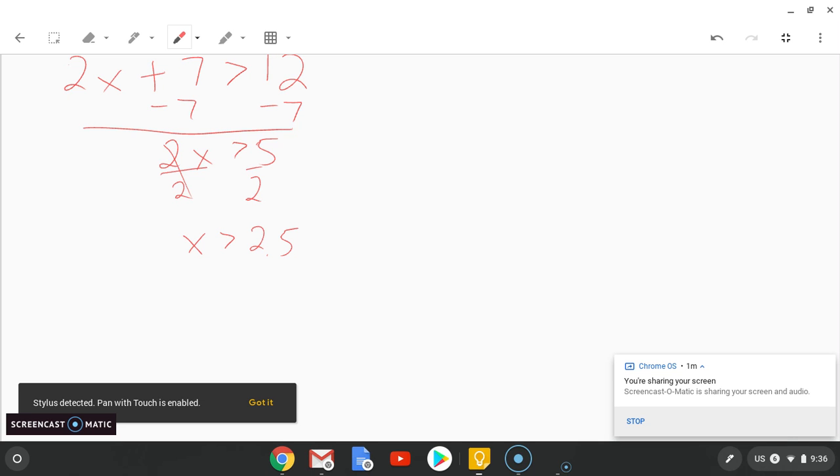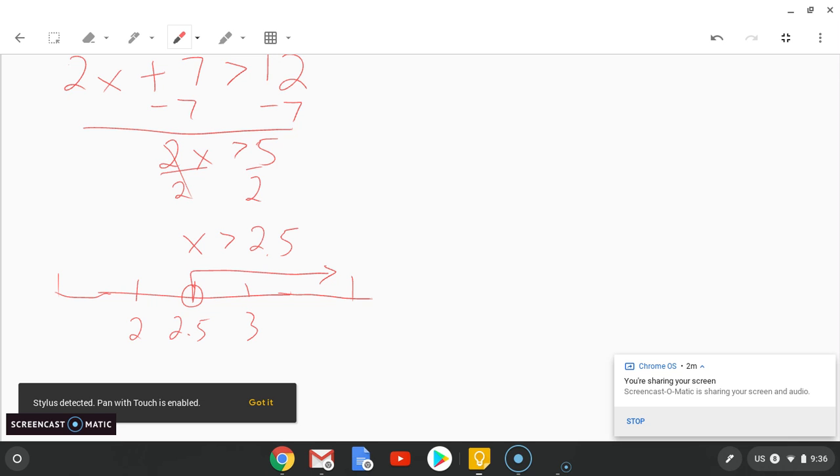Any of those would be okay. We didn't have to flip our inequality sign because we divided both sides by a positive number. When I am graphing this on my number line, I'll put 2.5 here, and I'll put 3, and then 4, and then 2, and 1 is over here. It's going to be an open circle, and the arrow is going to go to the right.